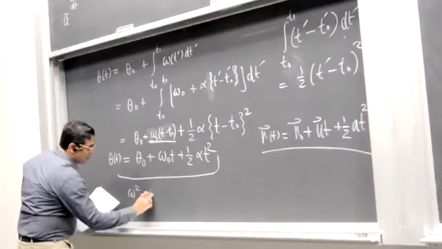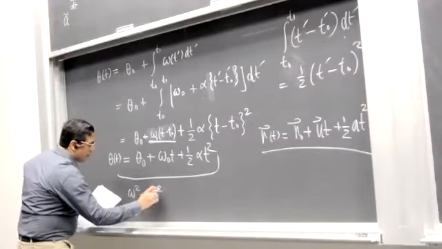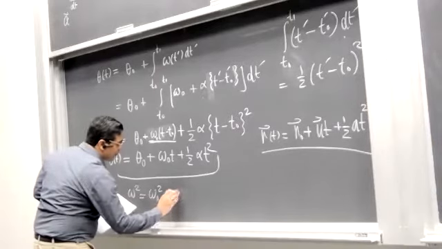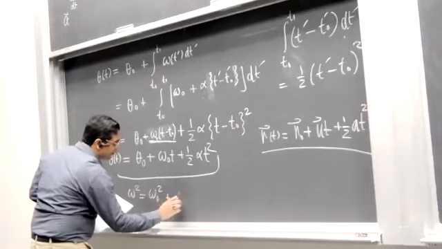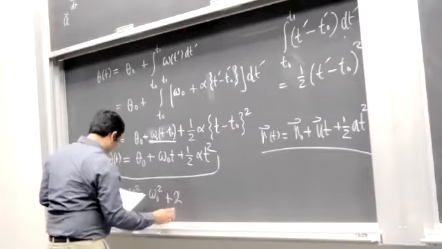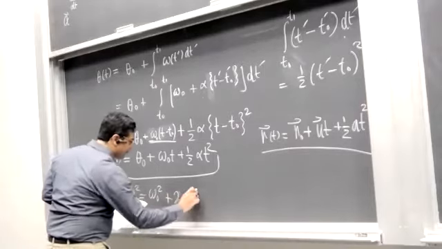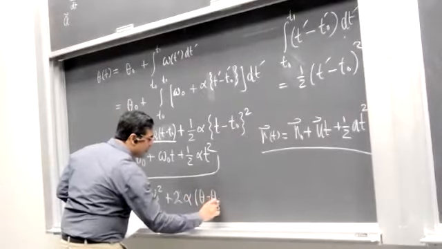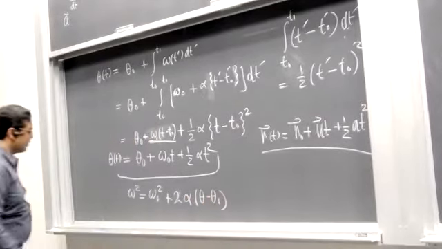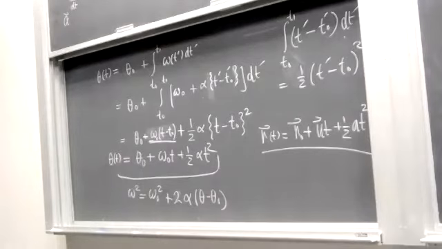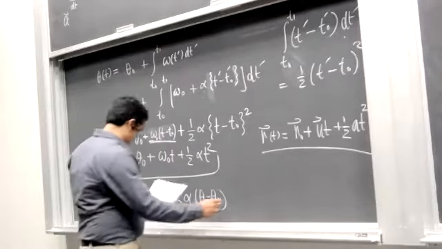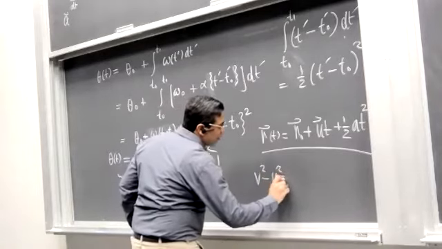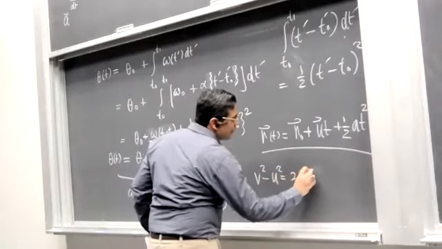Omega squared is equal to omega naught squared plus 2 alpha (theta minus theta naught). Right? This is equivalent to this equation, V squared minus U squared is equal to 2AS, right?